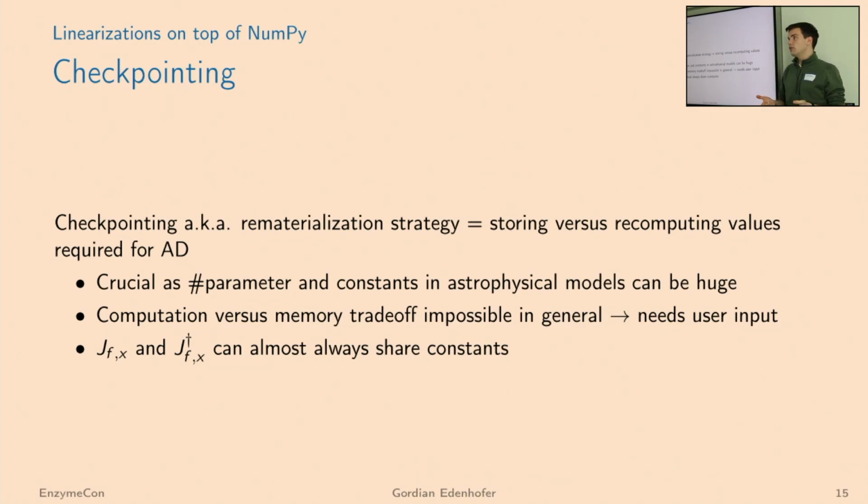Since this trade-off between having to store everything versus having to reevaluate everything is in general not possible to do for an AD toolkit, we just rely on a lot of user input to do that. Our default strategy is to just apply the overloading for all the individual operators. But as I said, if the user wants to, he can just build his own Jacobian and thereby potentially save memory.